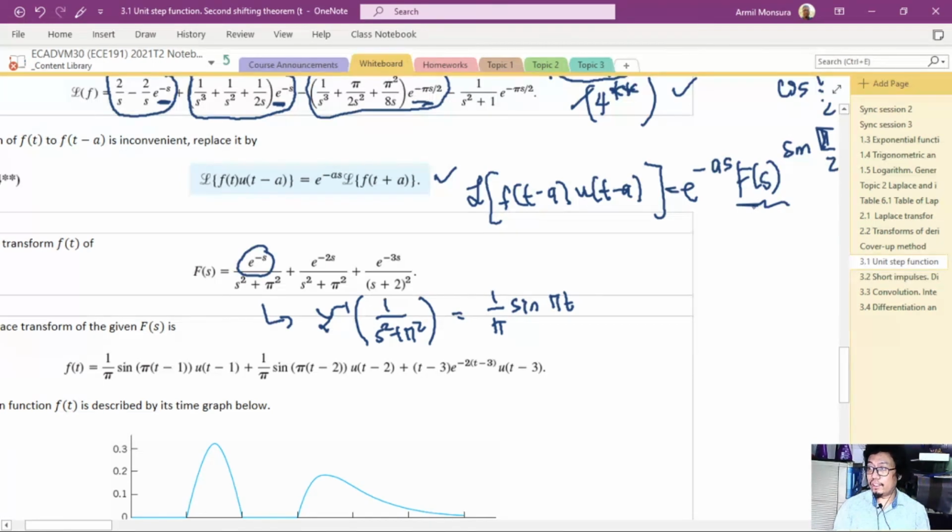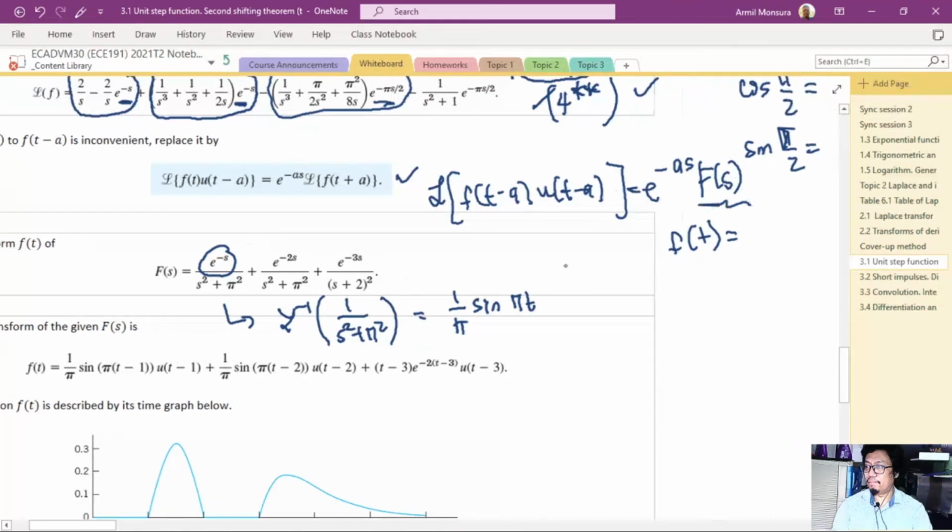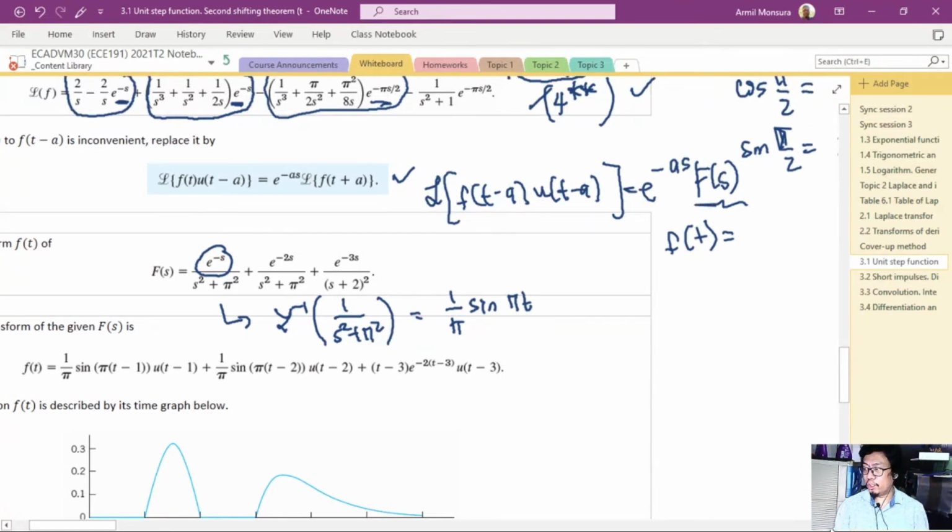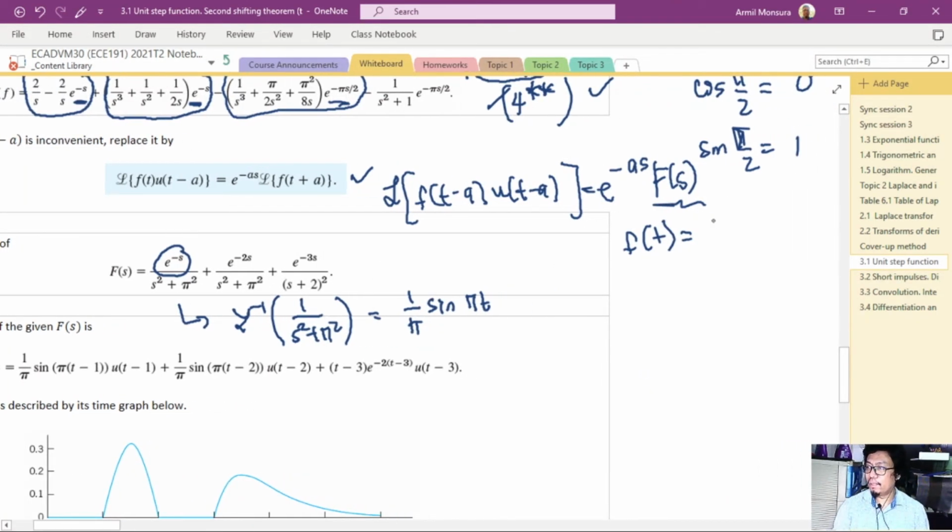So since you have isolated this F of s first at the earlier step of this solution, and you have already computed f of t, which in this particular example is 1 over pi times sine of pi t, then in compliance with this form, you produce f of t minus a.